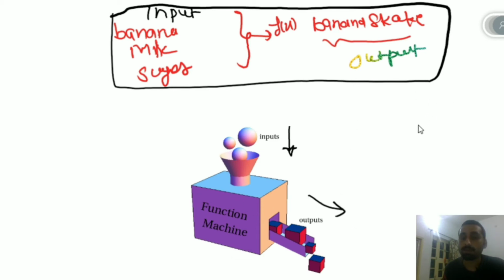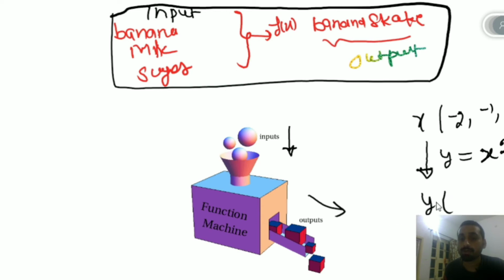The input we consider as x, with values -2, -1, 0, 1, and so on. The function machine relationship is y equal to x squared, and we get the output values y equal to 4, 1, 0, 1, 4.